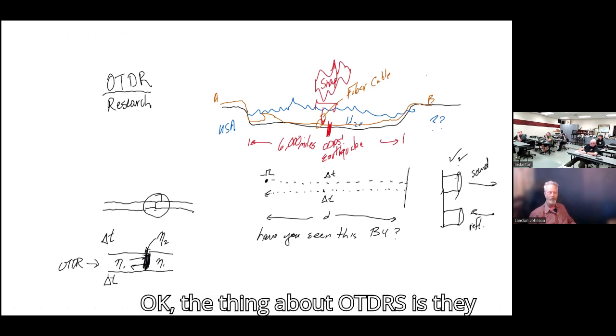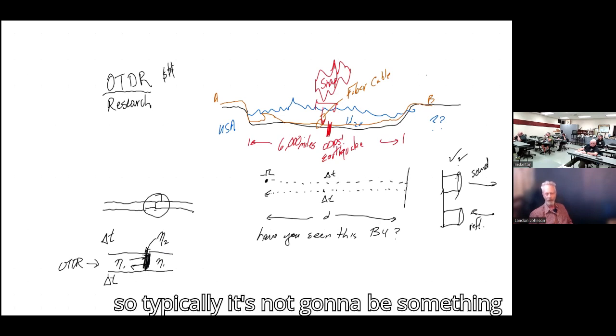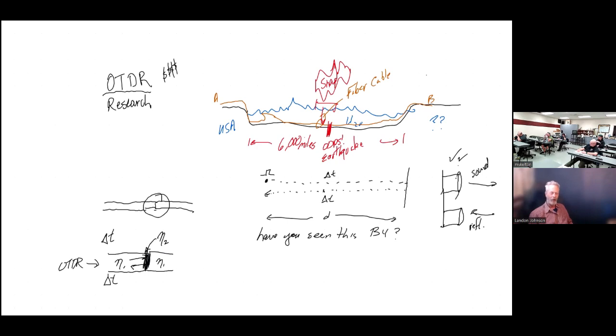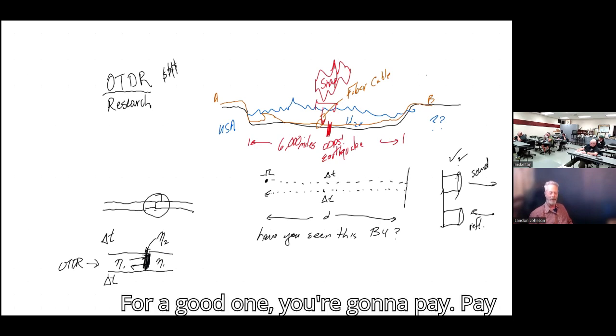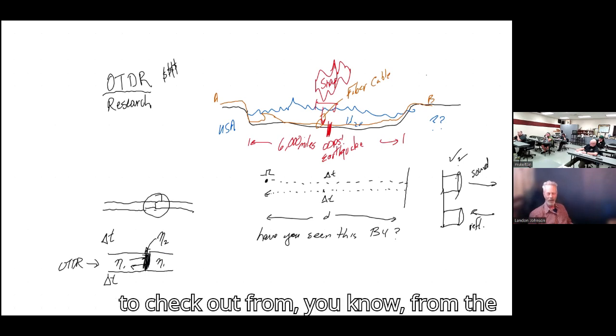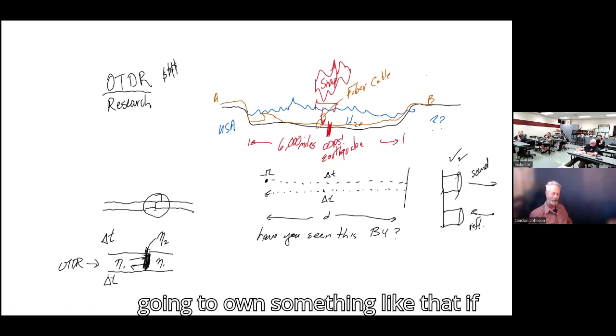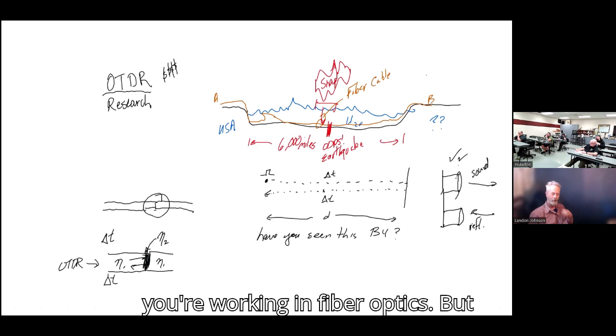Okay, the thing about OTDRs is they are pretty darn expensive. So typically it's not going to be something that you're going to have yourself. For a good one, you're going to pay thousands of dollars for it. So typically that's going to be something that you check out from the tool shed or borrow, or your company's going to own something like that if you're working in fiber optics.